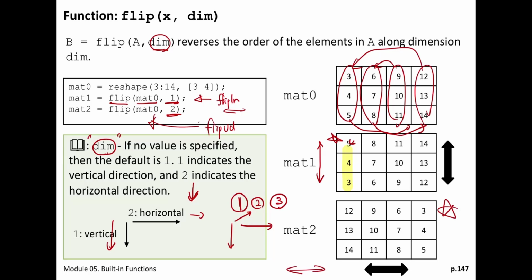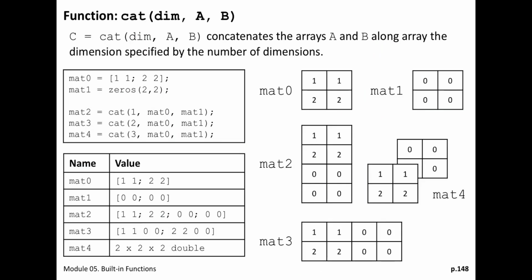Okay? So cat is an abbreviation of concatenating. The cat is to concatenate the arrays along the dimension specified in the input argument. We have learned the concatenation in the horizontal direction, like how to join the mat 0 and mat 1 in the horizontal direction.